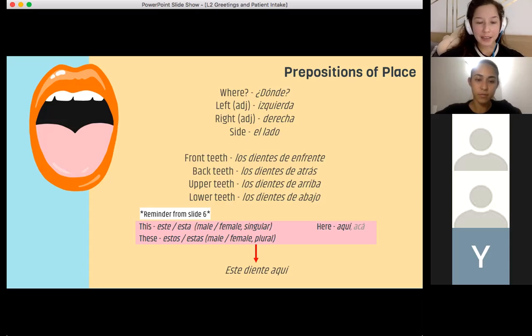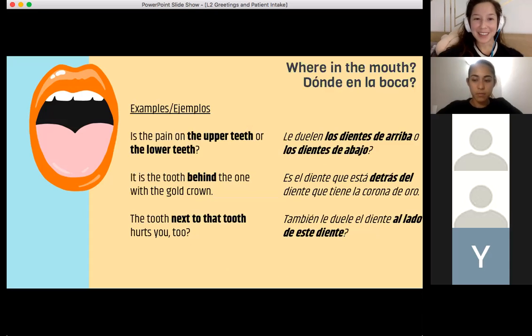And from slide 6, if you remember our little cheat slide on using la cosa or este, esta, if you wanted to skip using all these prepositions, like saying los dientes enfrente, you could say estos dientes aquí. That's how you would get out of remembering these. If you're not remembering them in the heat of the moment, it's okay.